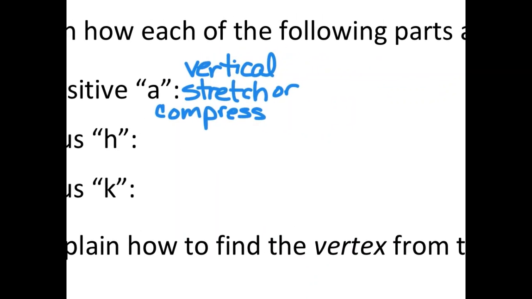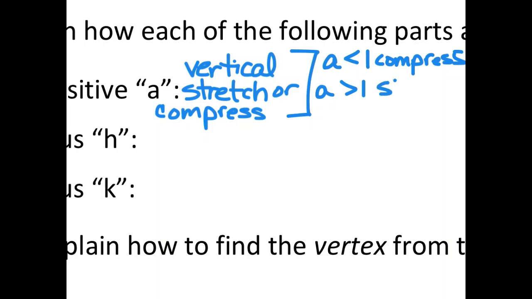But remember that with the vertical stretch or compression, if A is a number that's less than 1, then it's a compression. Usually that'll look like a fraction, 1/2 or 2/3 or something. And if A is greater than 1, it's a vertical stretch.